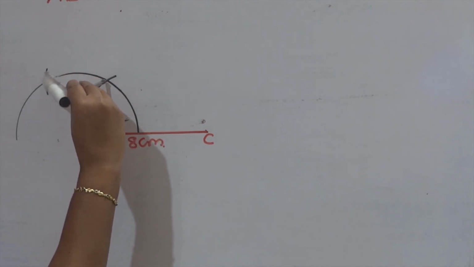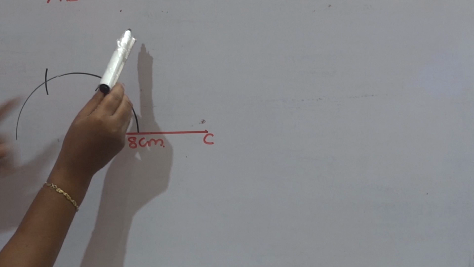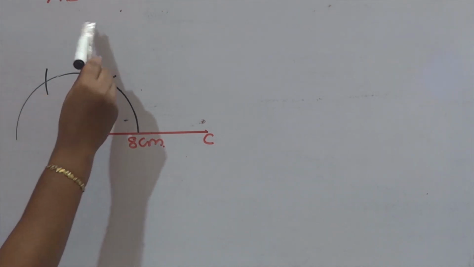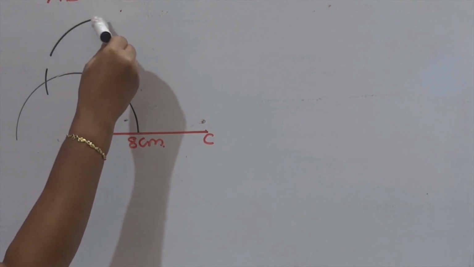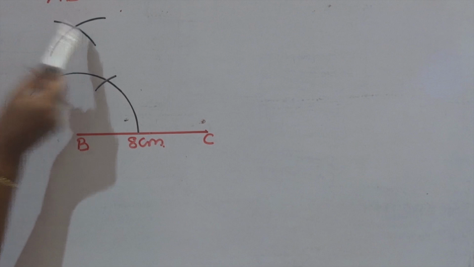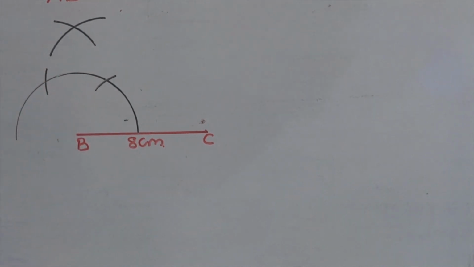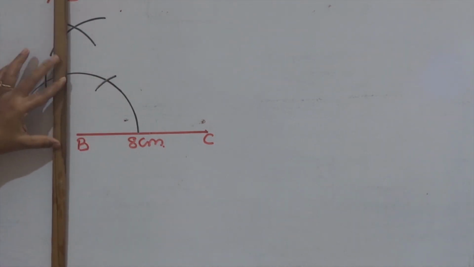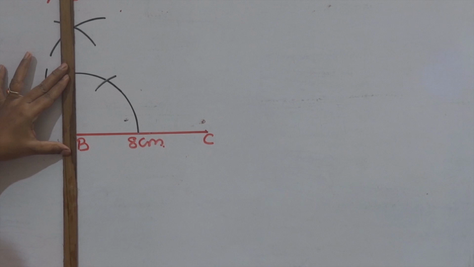One more arc. Now keeping the needle at the arcs we have made just now, make two more arcs such that those two arcs intersect each other. This will give us the perpendicular. Now I have to join this point of intersection of the arcs to point B.